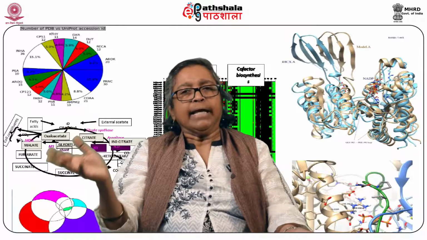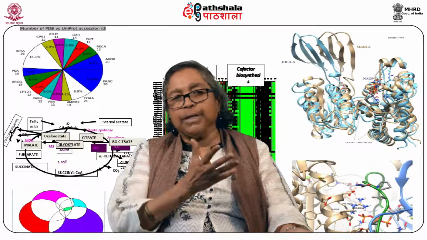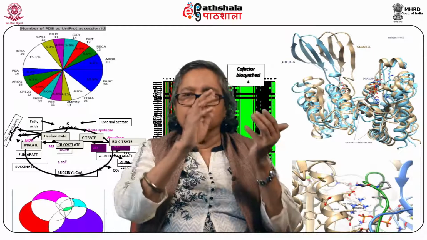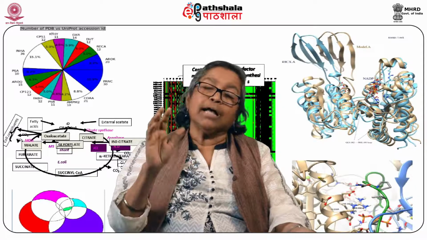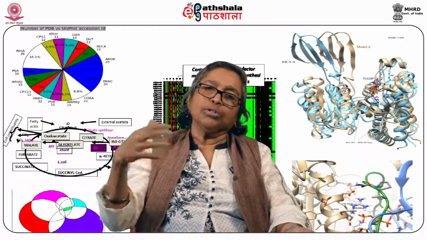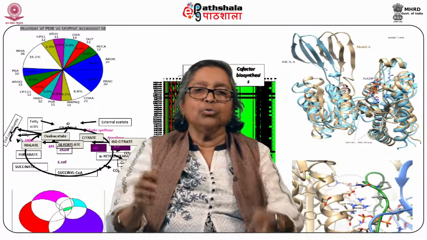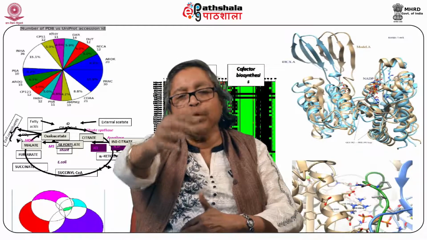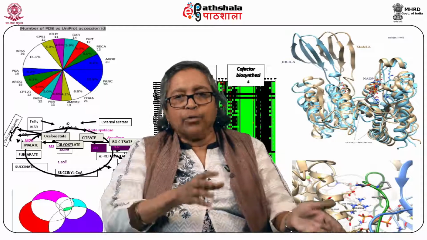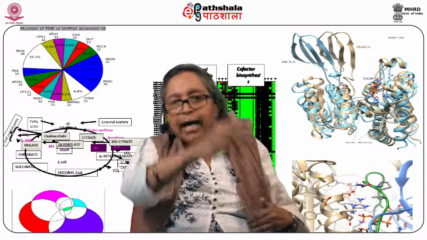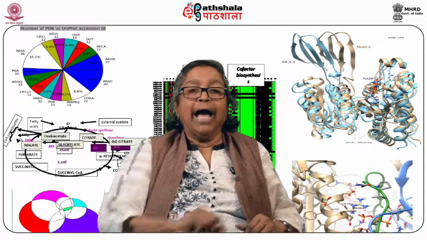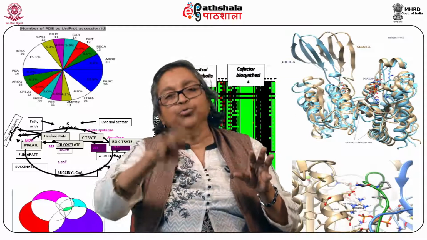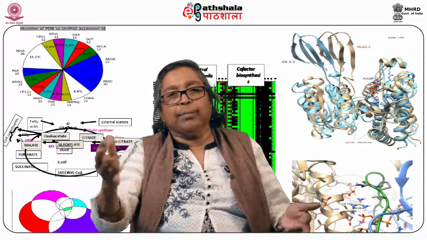Hence, in many cases, identification of the target has been the first issue to address. So these are our future challenges. Instead of a big compound list, we should look for a target list, and then look at which targets are feasible, druggable, etc.